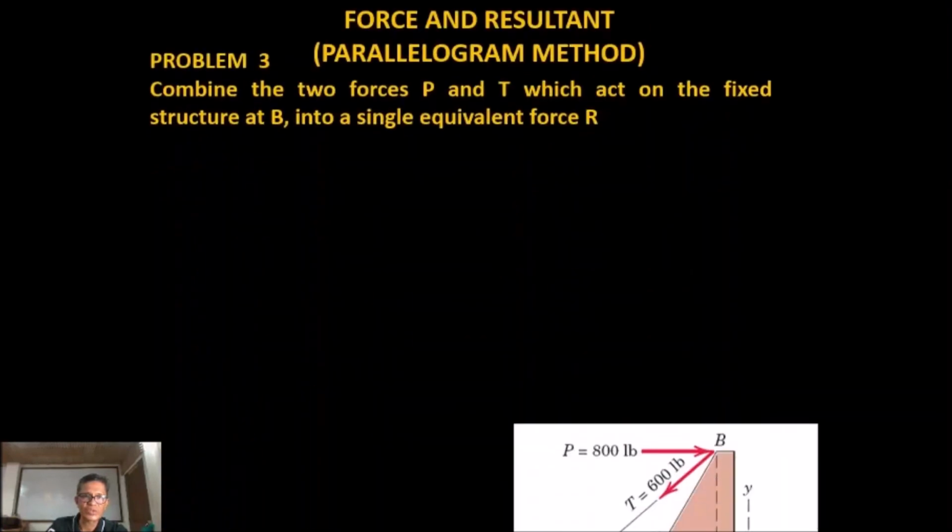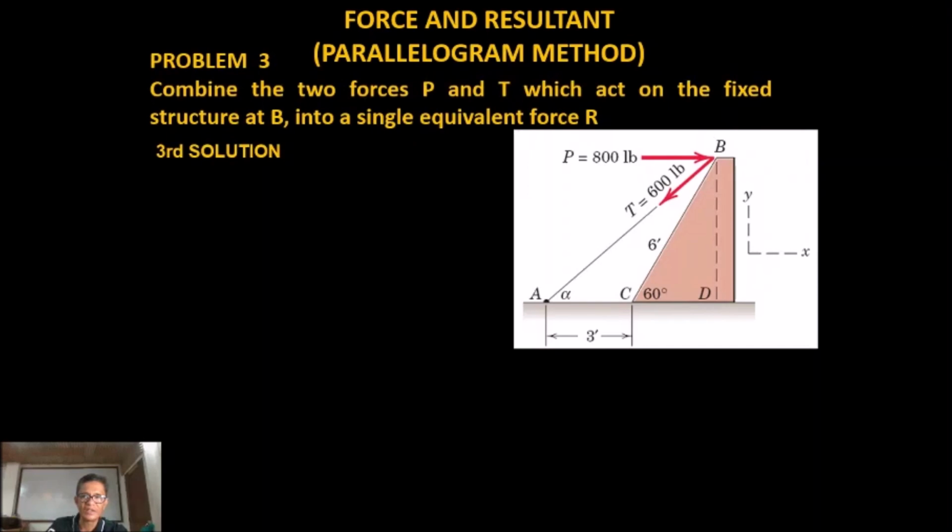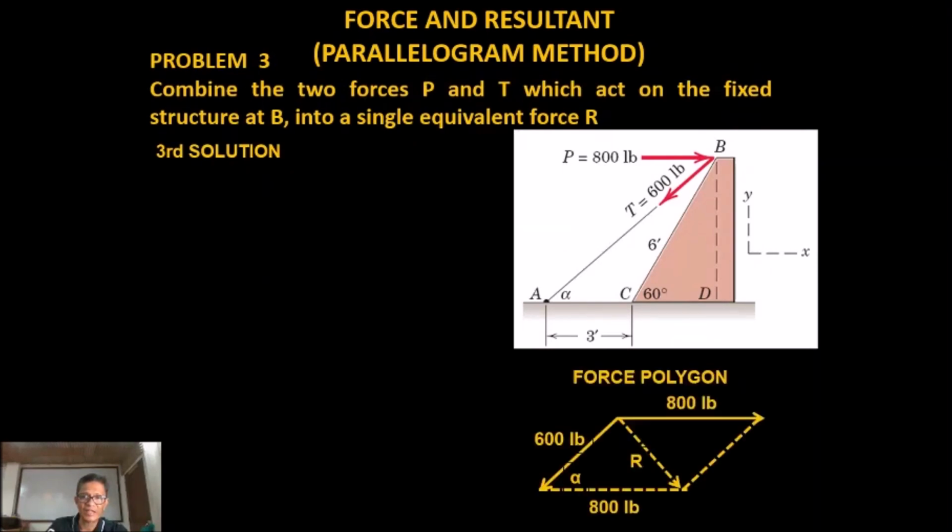And again, for the third solution, it is the same; the only difference is how we are going to solve for alpha. This time I will use triangle ABC, which is an oblique triangle.